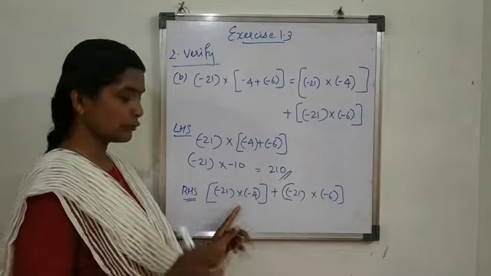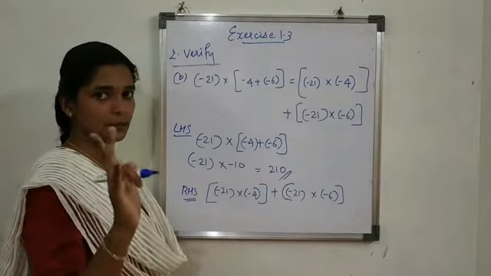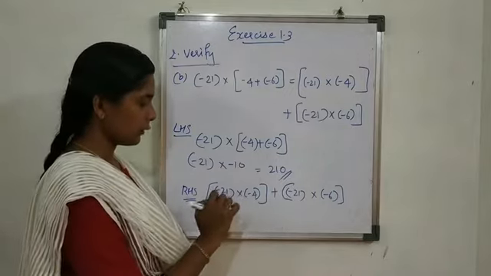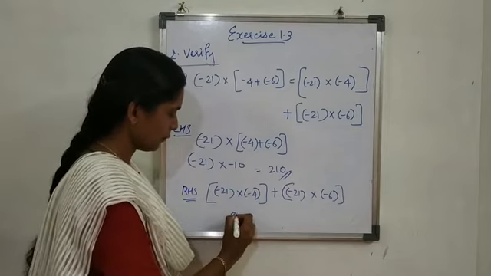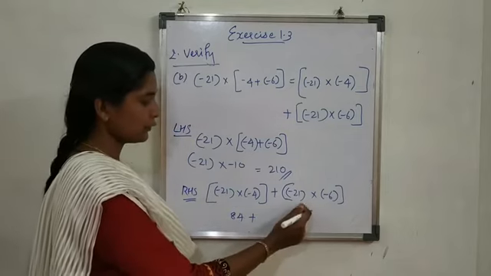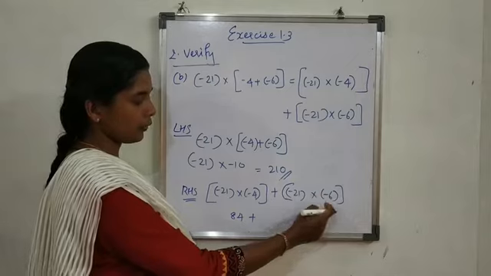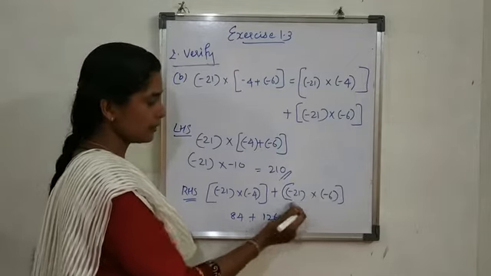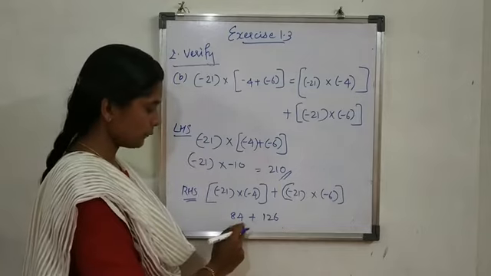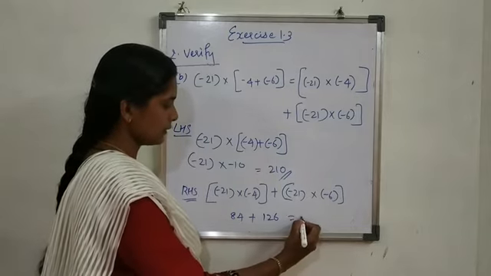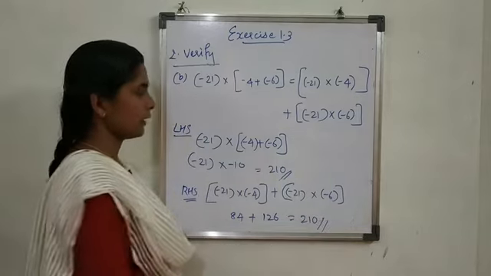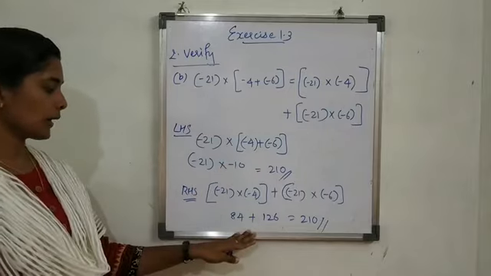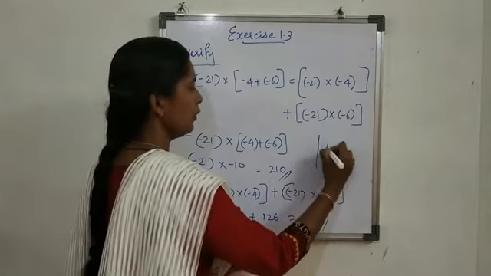Two negative integers are there, therefore the answer is positive. Then 21 into 4 is 84. Plus this one, 21 into 6 is 126, and two negative integers, therefore the answer is positive. 84 plus 126 is 210. Okay. Left side is equal to right side, or LHS is equal to RHS.